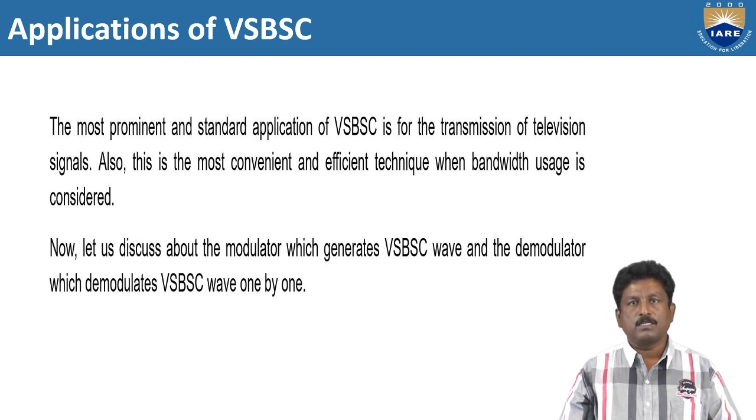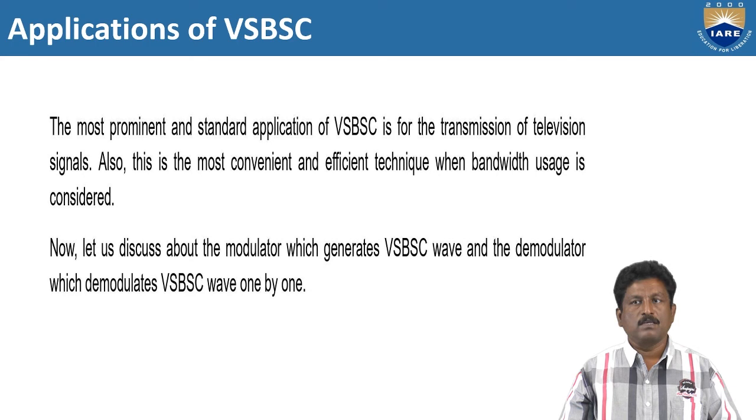For the transmission of the audio signal, we use frequency modulation techniques, FM. We will see later what FM is. The transmission of the video signal is done by this VSBSC wave only.